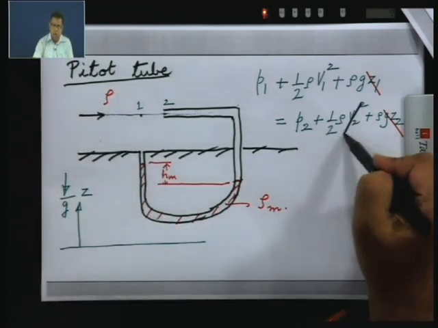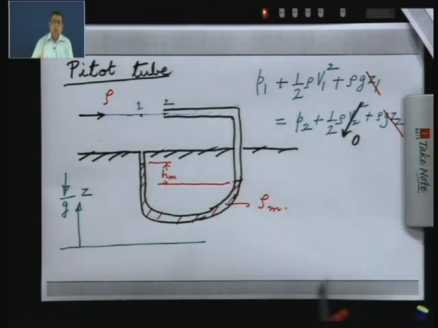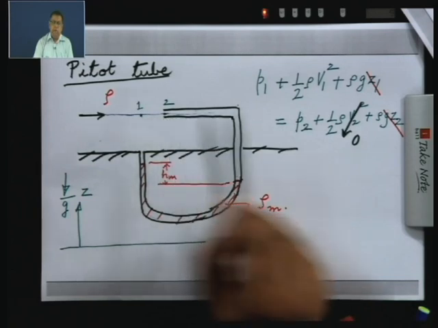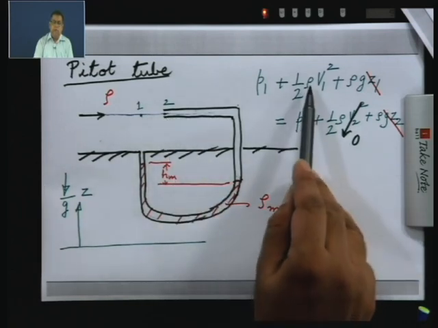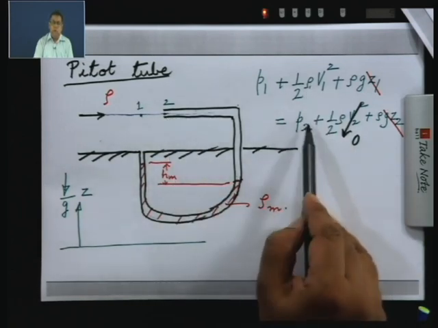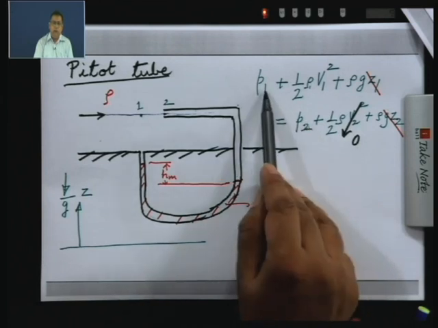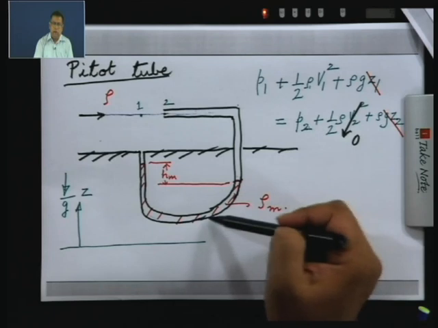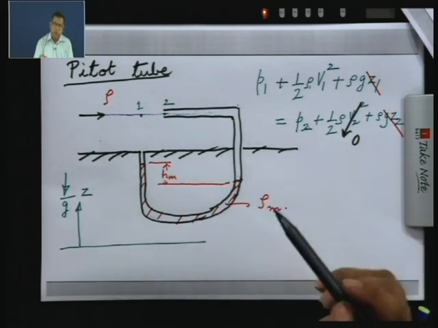So, V2 is 0. So, P2 is the stagnation pressure, because 2 is the stagnation point, and since rho is positive, V1 squared is positive, you can see that P2 is going to be larger than P1. That is why the manometer liquid in this tube is going to be pushed downwards.